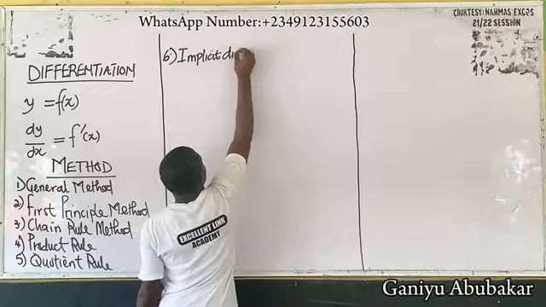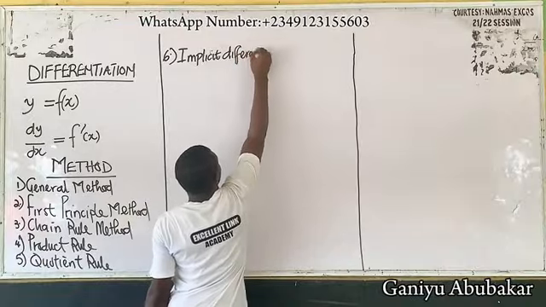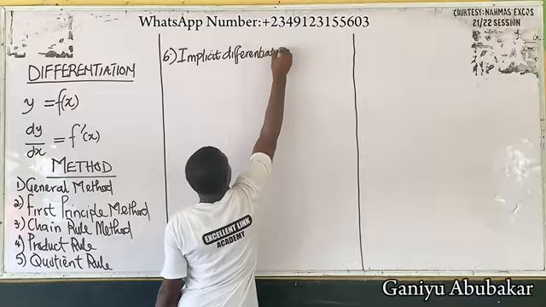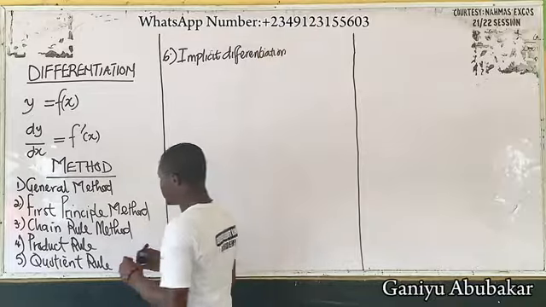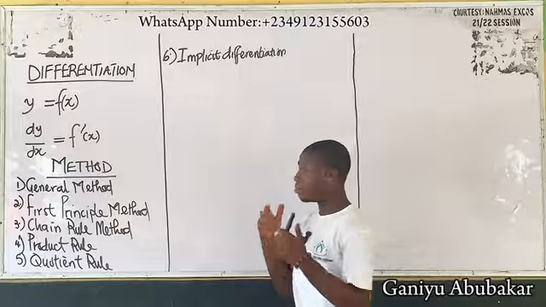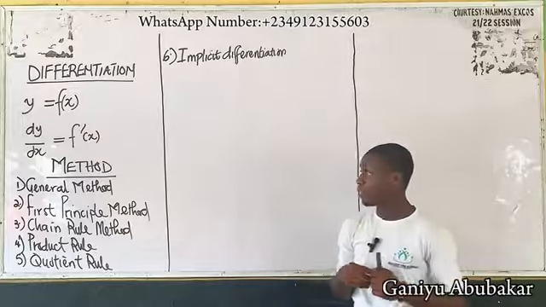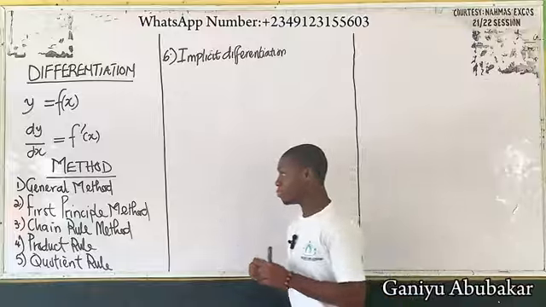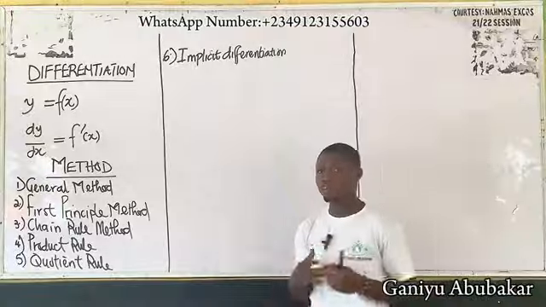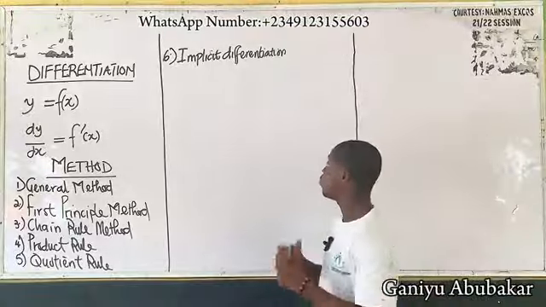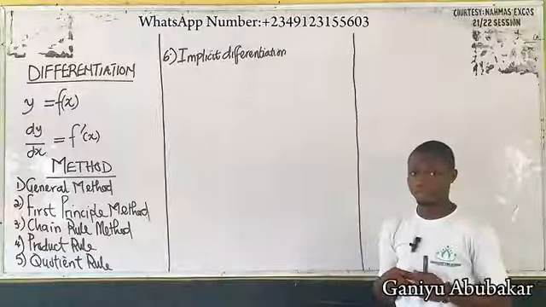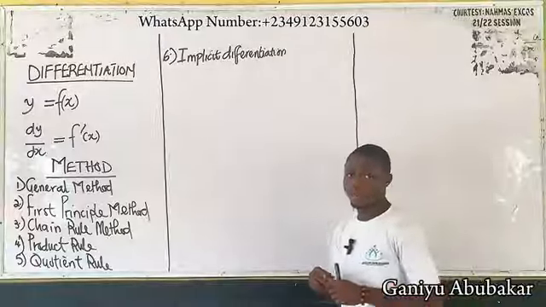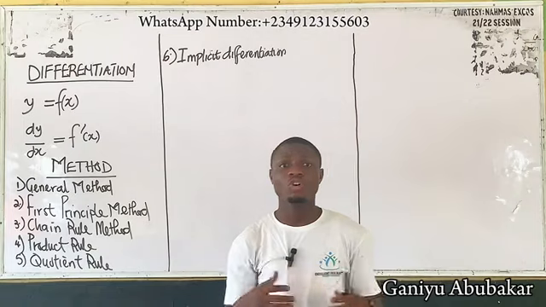So these are perhaps the 6 methods involved in solving problems under differentiation, ranging from general method, first principle, chain rule, product rule, quotient rule, and also implicit differentiation. Let's discuss these methods one after the other.